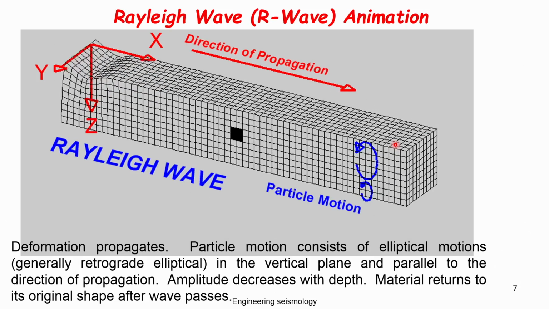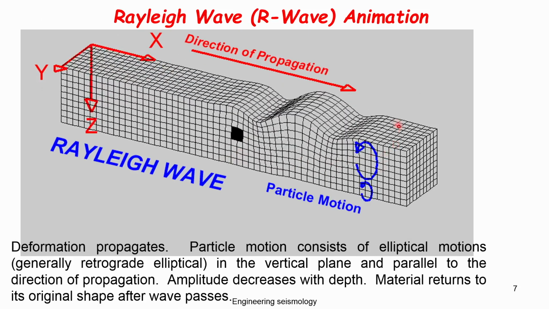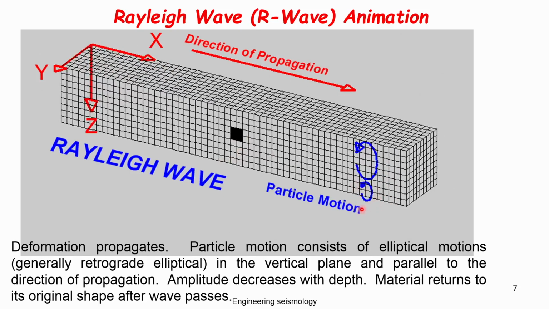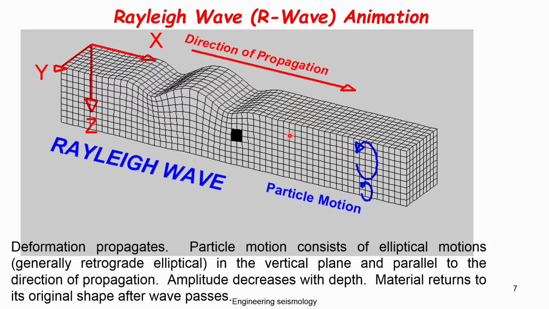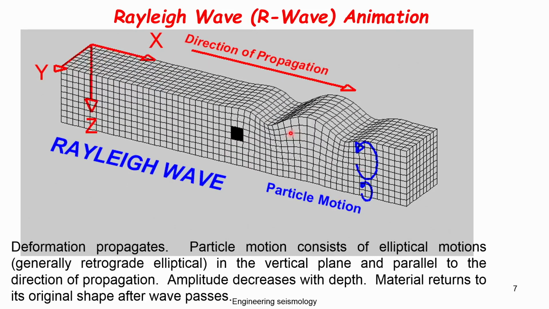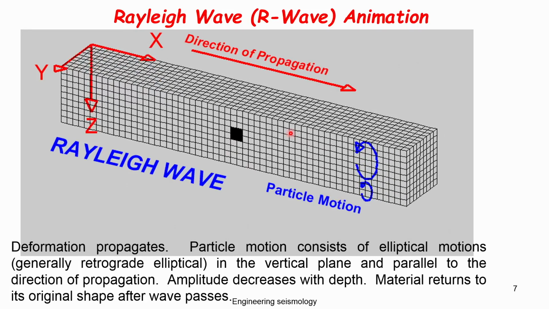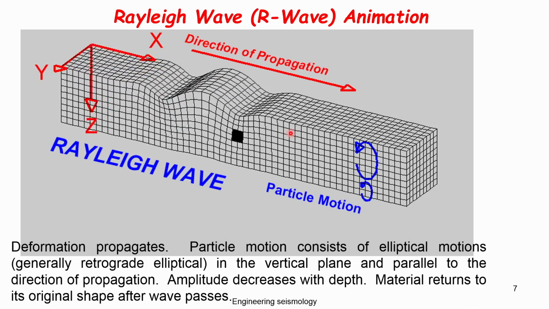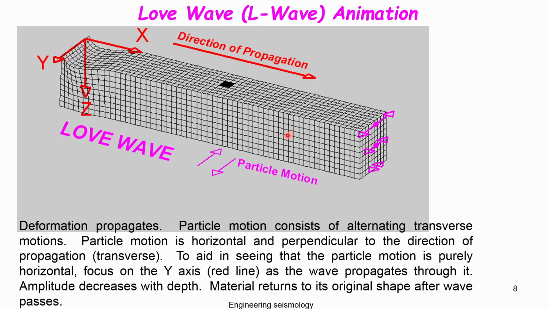You can see very clearly how the rotation takes place: larger rotation happens here and less rotation happens here. This is a unique character, where the rotation also varies with depth. So this is a surface wave, a Rayleigh type of surface wave, which travels on the surface of the earth.